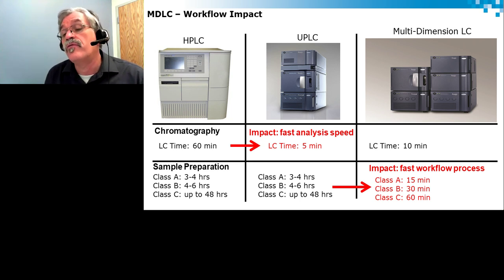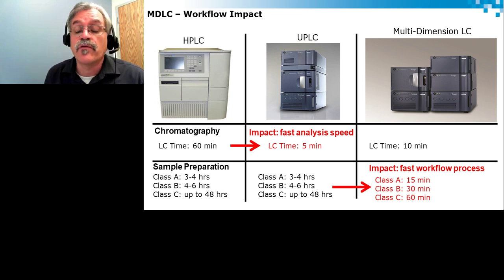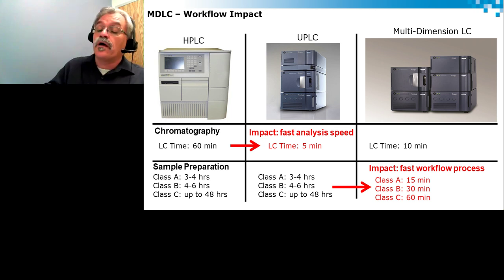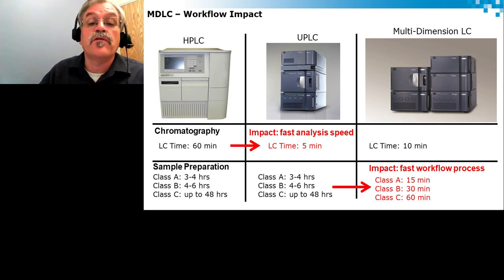Multidimension will have the same type of impact that UPLC had versus HPLC, but it will happen in the sample prep area. Instead of spending hours and sometimes days on extraction, we can anticipate applications, as we go along in this presentation, that will showcase interesting and also disruptive aspects on how to operate and use these technologies better.